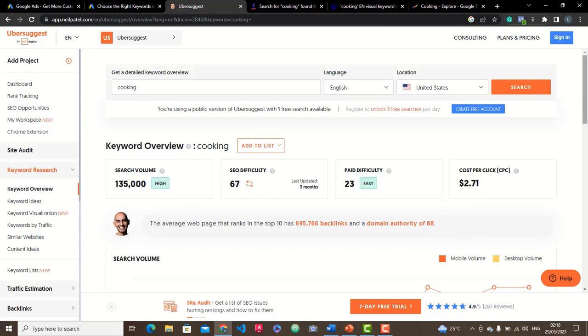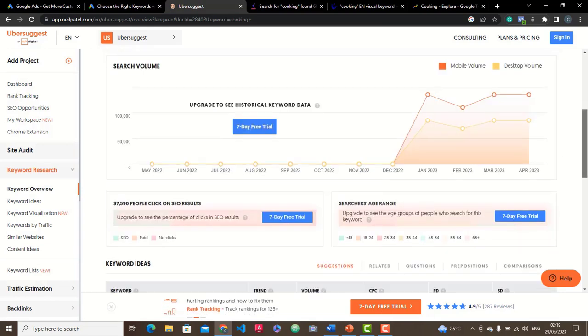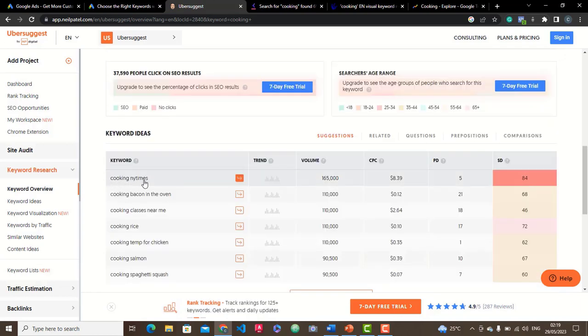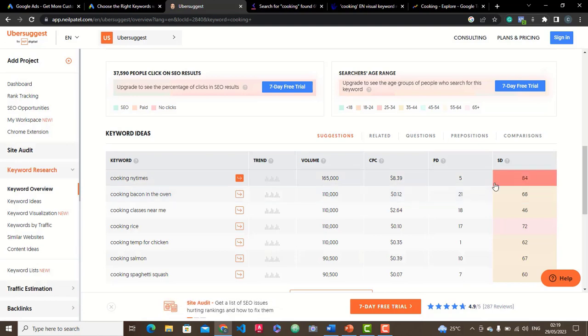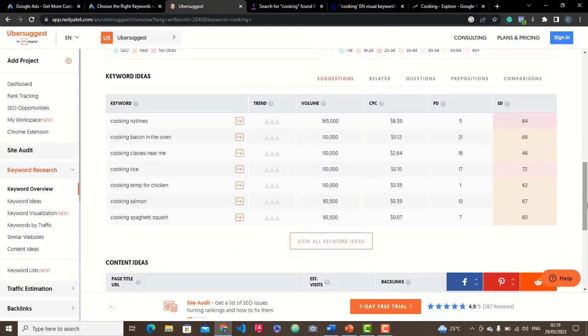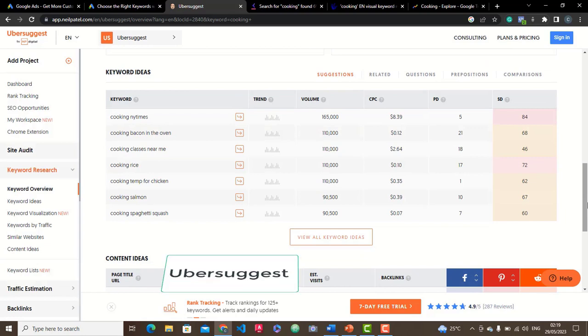Especially when you are starting out, you don't want to go for difficult keywords, because you are not going to rank. So you want to go for the ones that have high search volume but low difficulty. So like I said, you can use Ubersuggest to get keywords and ideas for your keywords.